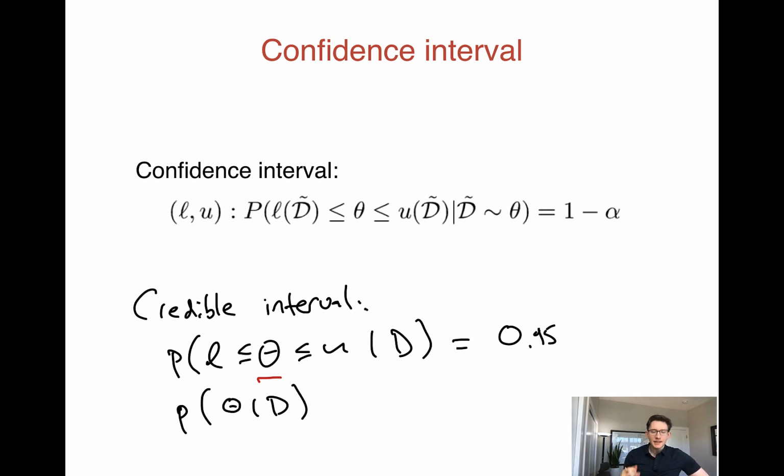And I might mistakenly say that the probability is 0.95 that the true coin's weight is within that interval, implying that I'm reasoning about what the true weight of the coin is. But again, we're not allowed to do the probability of what is the coin's weight. The thing we're reasoning about here is L and U.